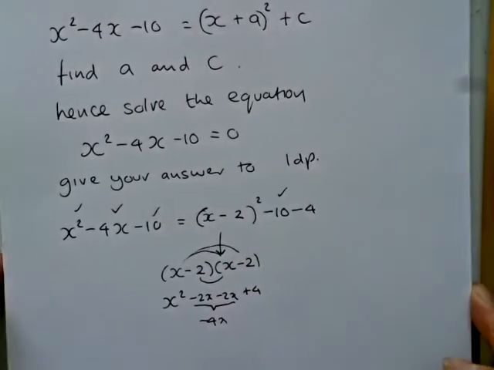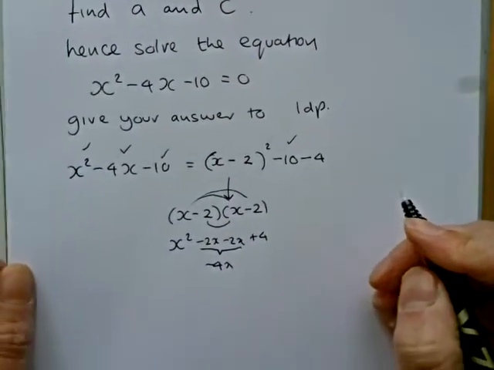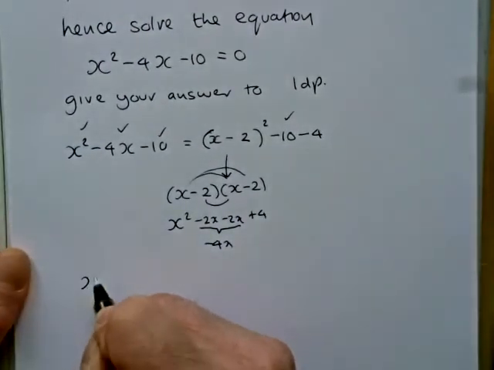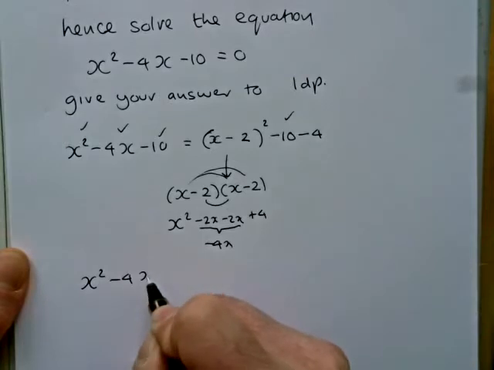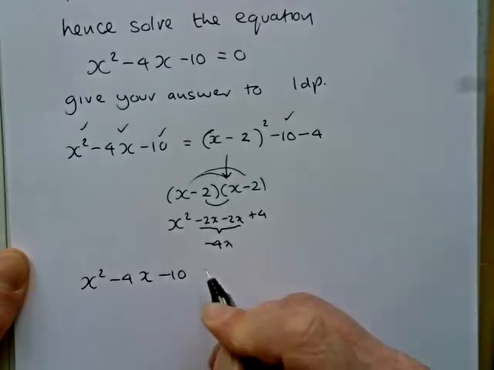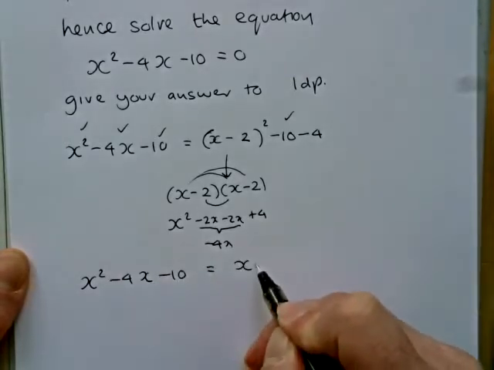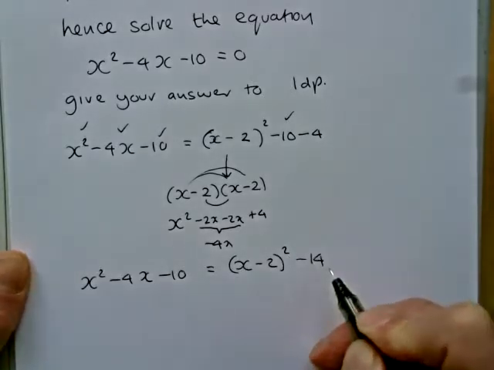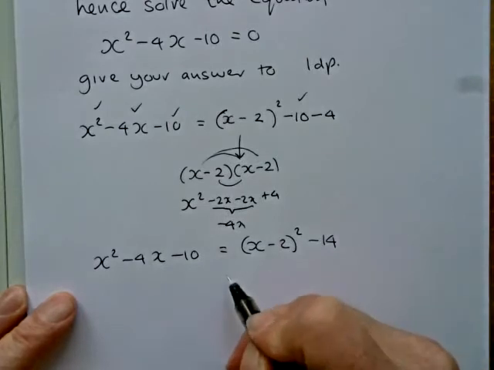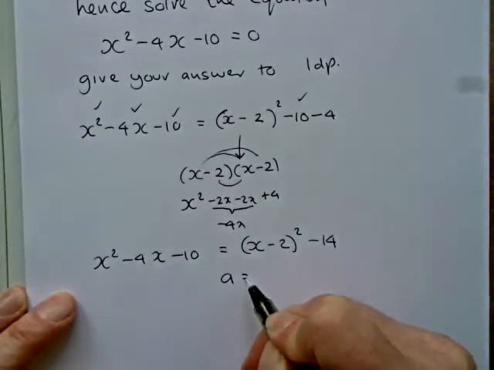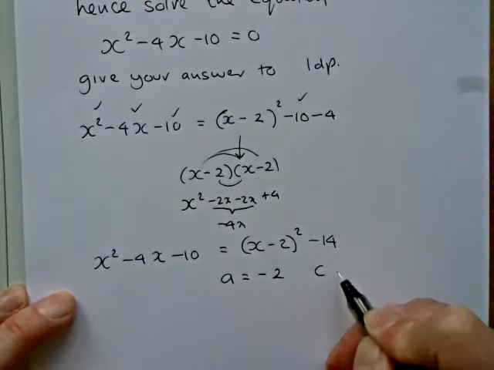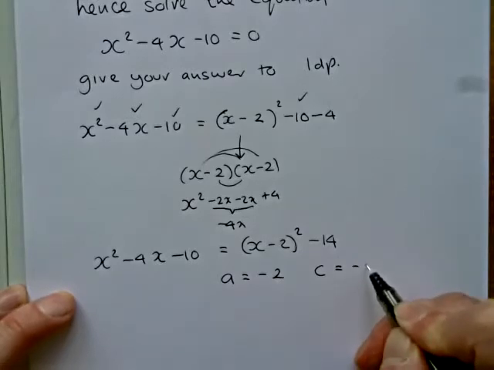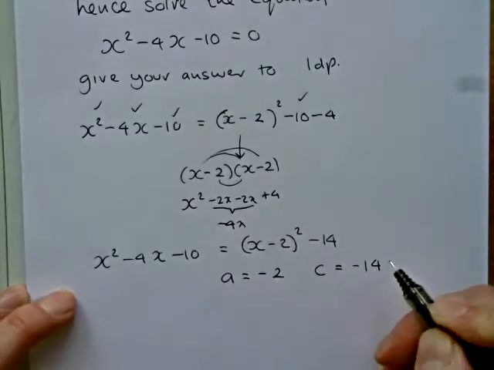So if we now write that with a bit of space here, we've got x squared minus 4x minus 10 equals x minus 2 squared minus 14. So our a is minus 2 and our c is minus 14.